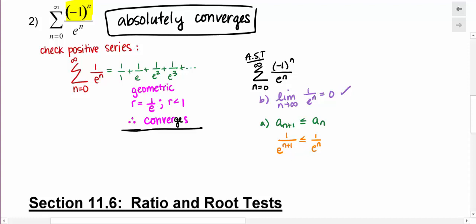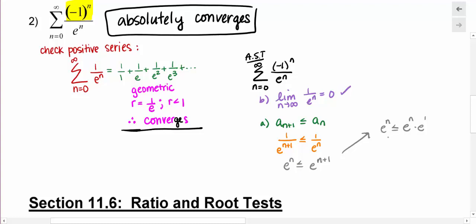So if I multiply both sides, I have e to the n less than or equal to e to the n plus 1. And e to the n plus 1 is really e to the n times e to the 1, because remember, when you multiply with the same base, you add your exponents, so that's how e to the n plus 1 is arrived at.